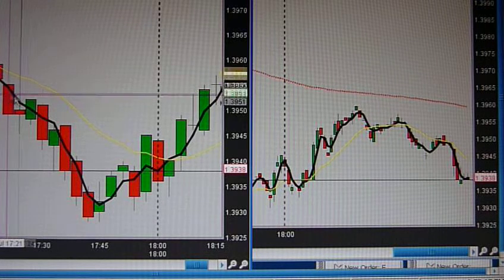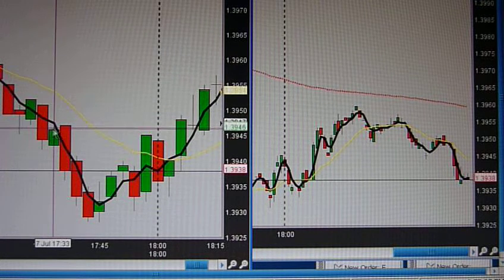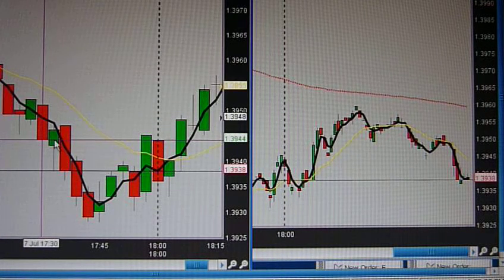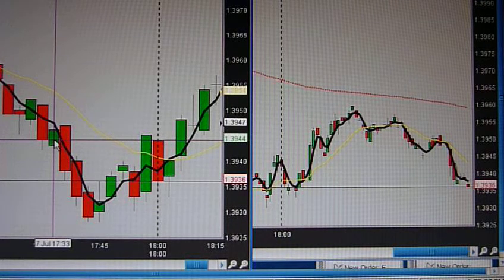If this one makes a lower low like it's doing there and it's taken out by the next candle, you open a trade. This is obviously just a hypothetical situation.